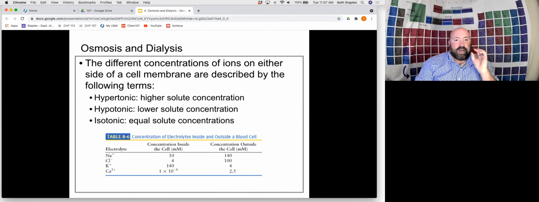So again, hypertonic means that our solution on one side of the membrane is at a higher concentration. Hypotonic, our solution we can consider it to be maybe outside of the cell. Hypotonic means that our solution outside of the cell is at a lower concentration, whereas isotonic means that we have equal concentrations on both sides of our membrane.